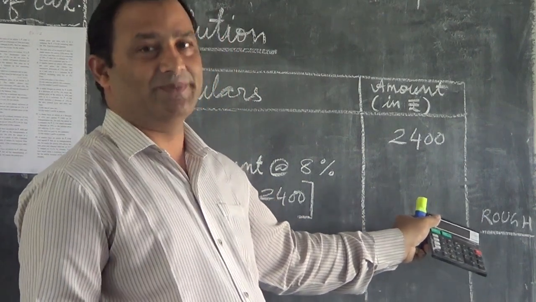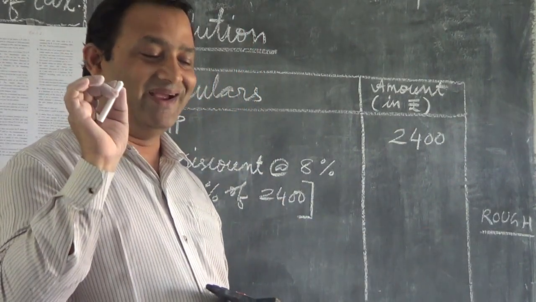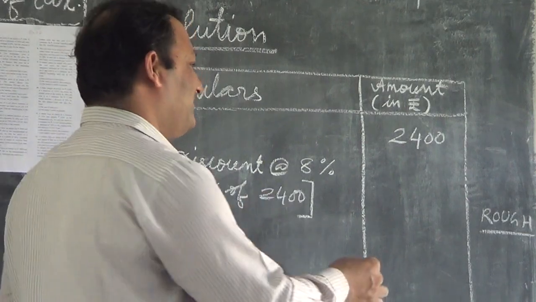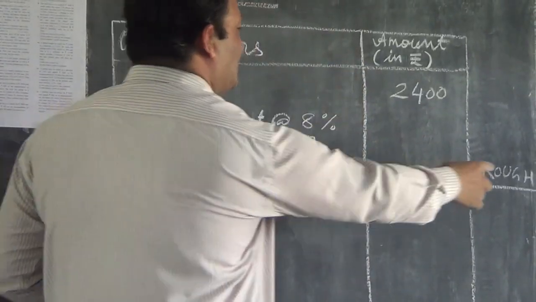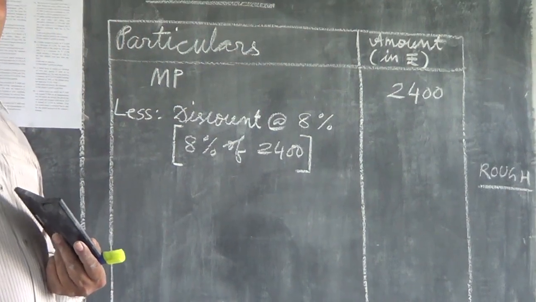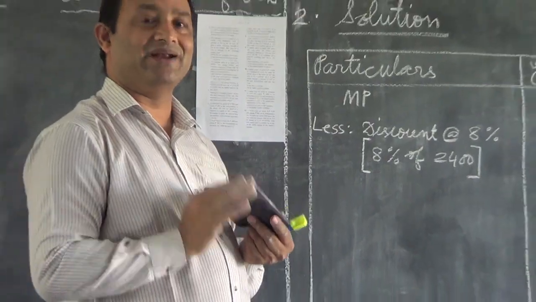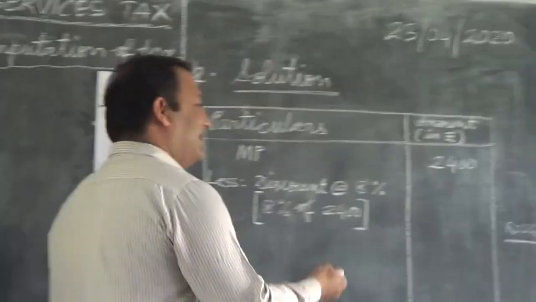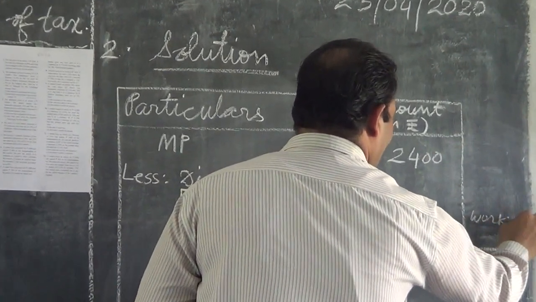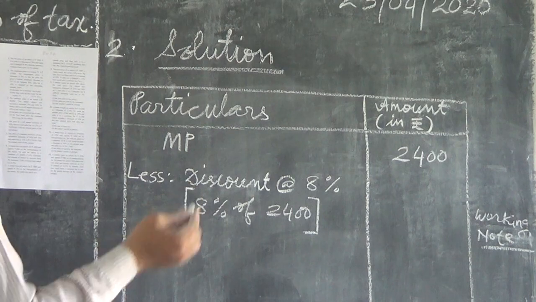That means all your calculations, every step of calculation, will come here. For this solution, all the working notes will be here. Remember, working notes is a better term than rough work. So you can write working notes here, and all your calculation can be there, so that it is easy to follow.